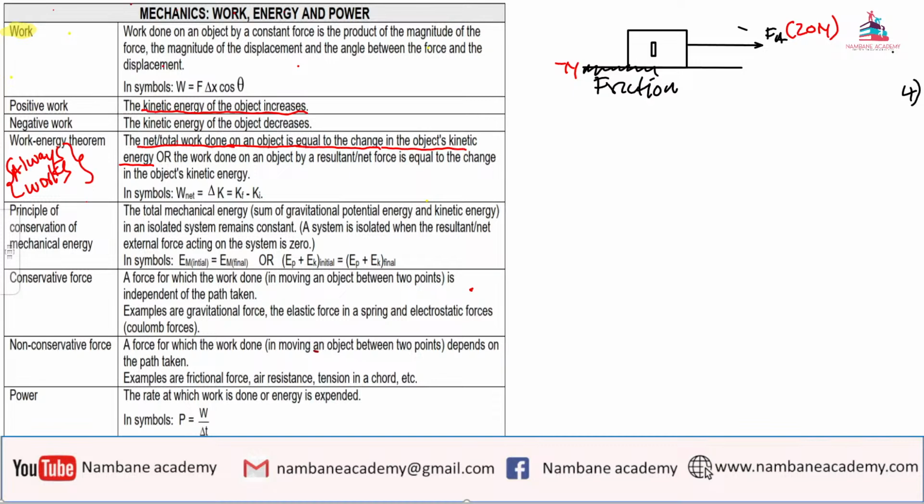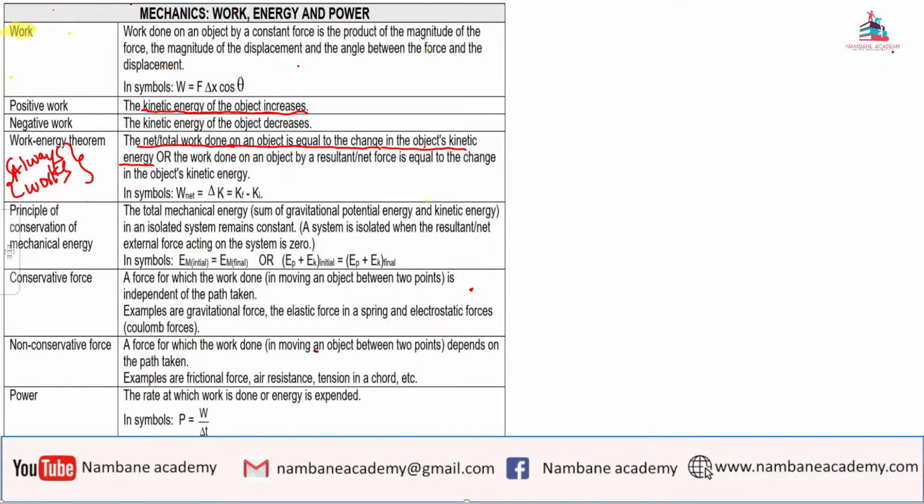principle of conservation of mechanical energy. This we have done in grade 10, and once we did it in grade 10, it links from grade 10 to grade 12. So examiners can ask anything.